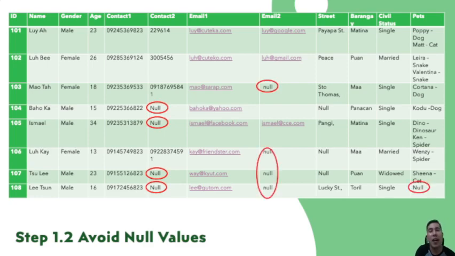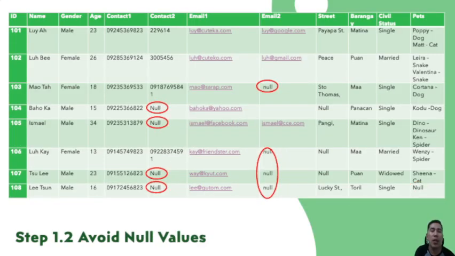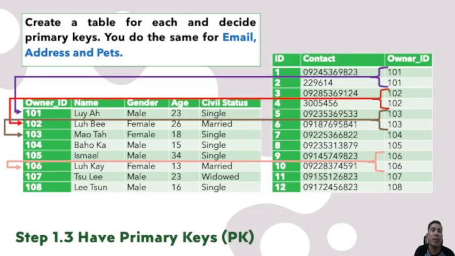Okay. All right. So next, to avoid that, we'll have to decompose our table into three or more different tables by creating another table out of this particular table. So how do we do that? We'll need to create a table, let's say, for owner and contact. So we have now the owner and contact table.